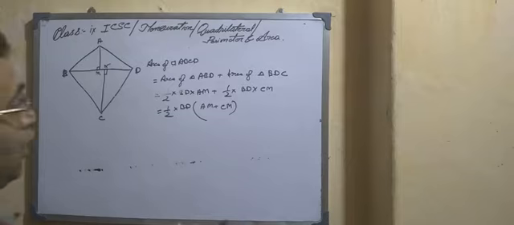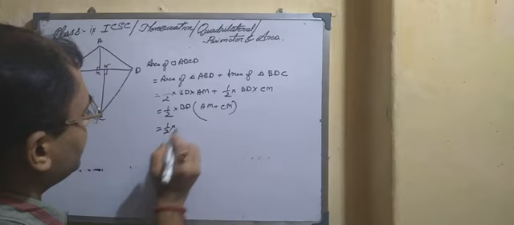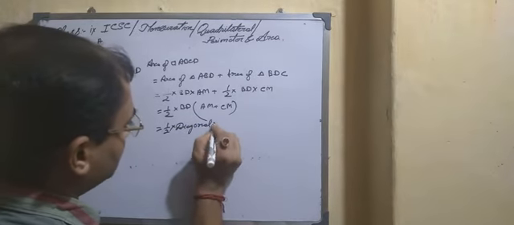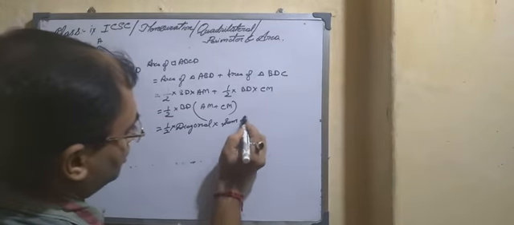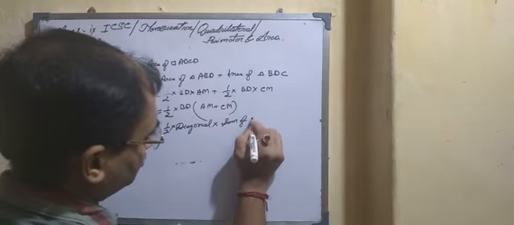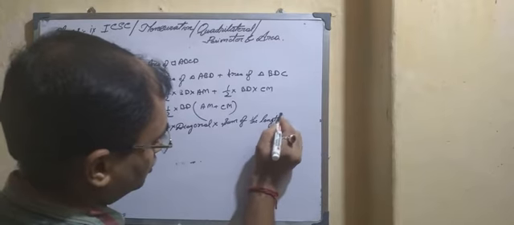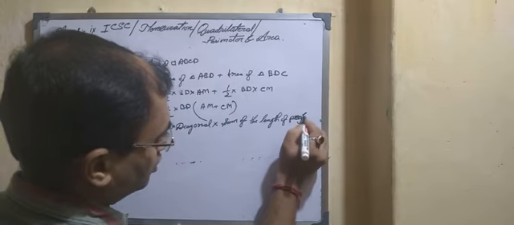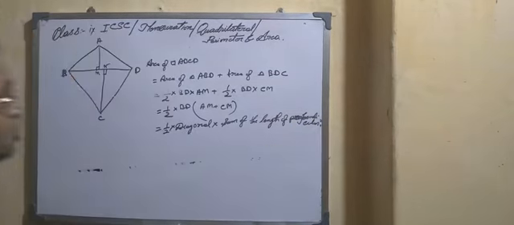So what is the formula? That is half into diagonal into the sum of the lengths of the perpendiculars.